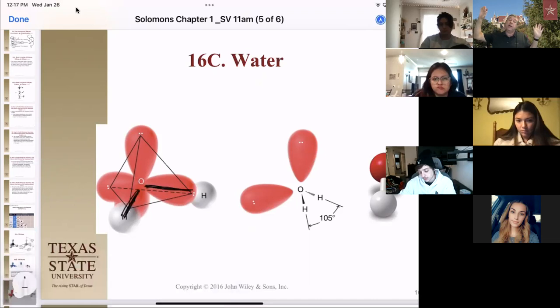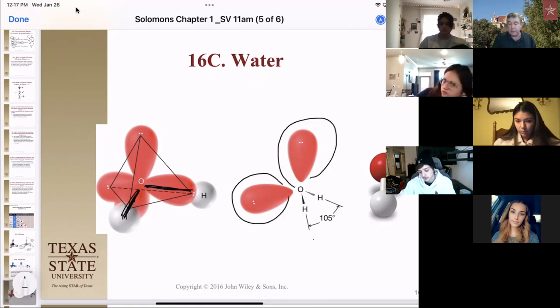But those 2 lone pairs also take up space. Now notice if they were perfectly equal in size and electron repulsion, they'd be at 109.5. But these push away a little bit more, and therefore the hydrogens in water are only 105 degrees apart, and our molecular structure is bent.